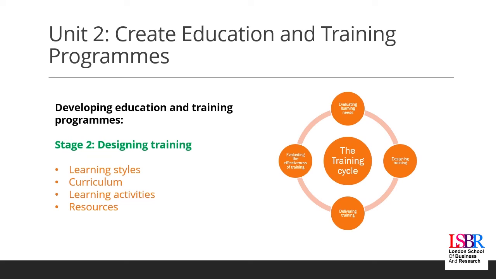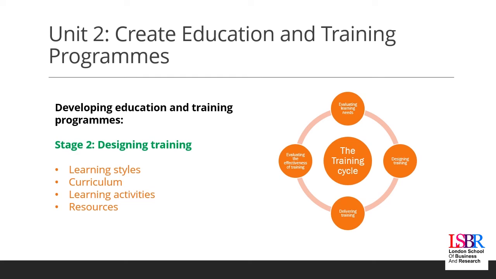So the learning styles, and of course the objectives that you have specified, then you work out the curriculum, the activities, and also the different resources. What do we mean by resources? If you are facilitating face-to-face training, I would like you to think about, for instance, flip charts, pens, workbooks. These are some of the physical resources that you should be taking into consideration when you are designing the training program.